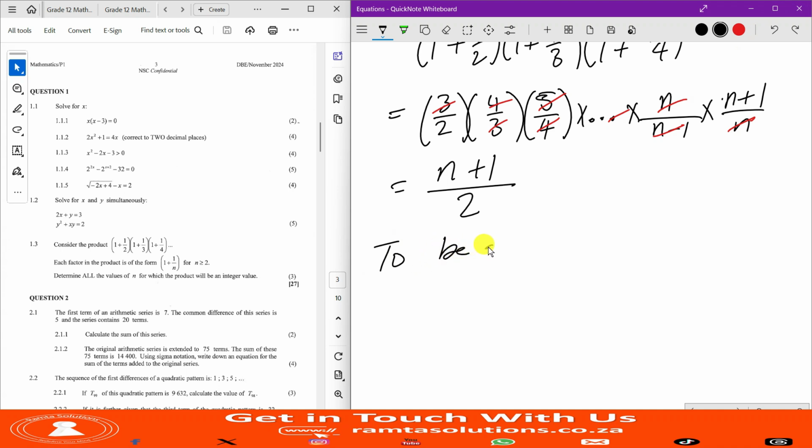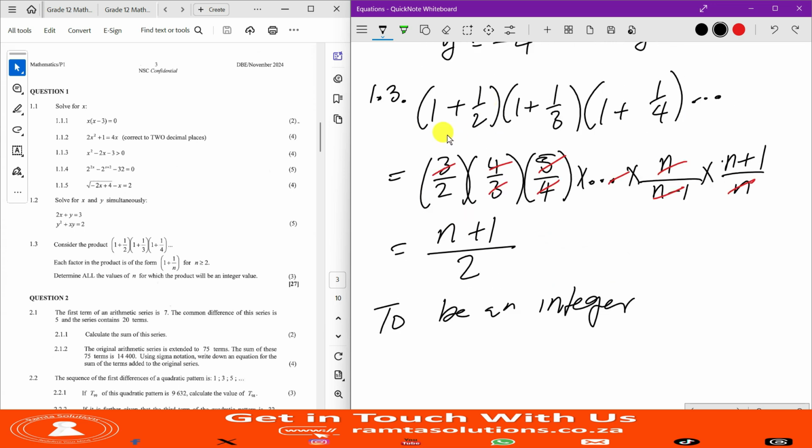For the product to be an integer, I want you to think of this. If n is 2, this product will not be an integer. So maybe I should have begun this by saying product equals.